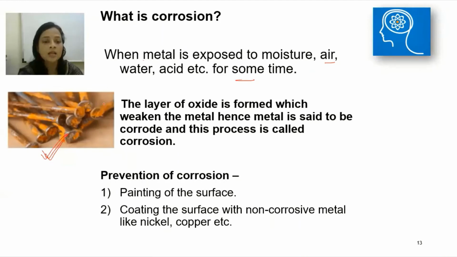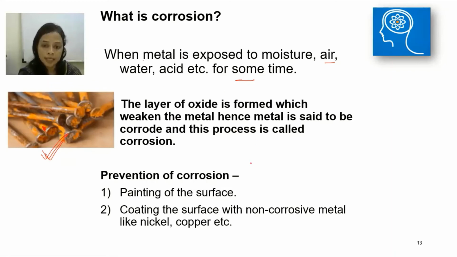When it is exposed to air and moisture, a layer of oxide, this yellowish color is the layer of oxide, forms on the metal surface, which weakens the metal. Hence, the metal is said to corrode.